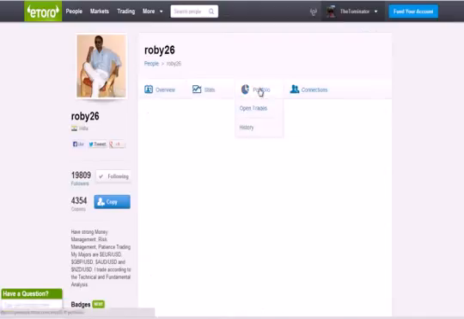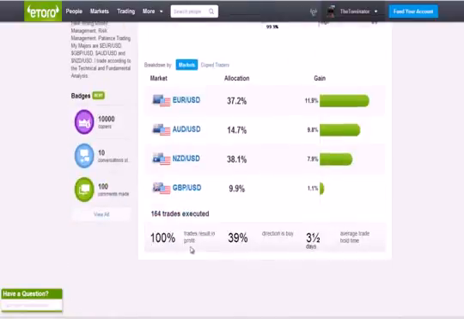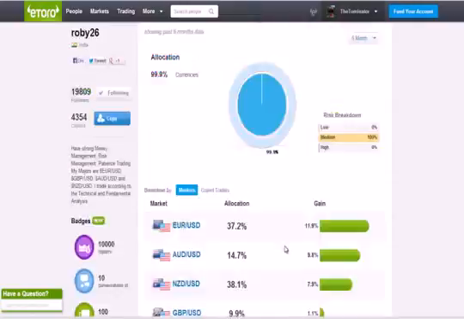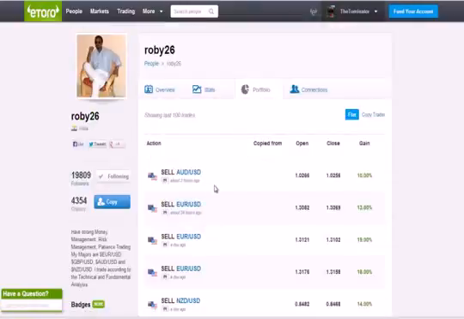By clicking on Portfolio, we can see how this trader allocated his equity, including what kind of risk he likes to use. And here is a short summary of all the trades that were executed in the specific time frame. We can also have a look at the history of closed positions, such as 2 hours ago, a sell Aussie dollar position gained 10% for this trader.